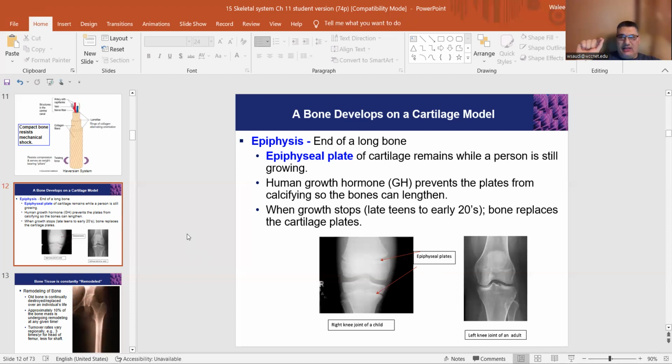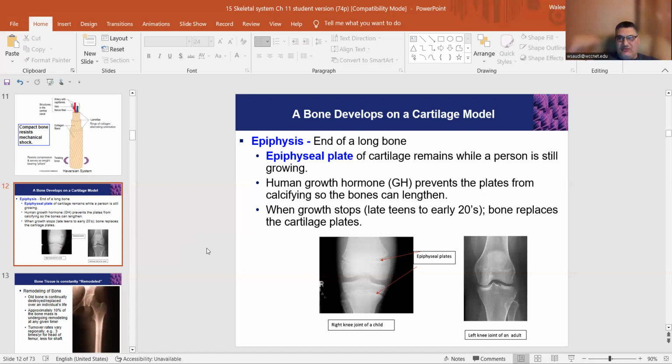This epiphyseal plate is important because it is active until the age of around 28. As long as this plate, we also call it cartilage, is still active, you are growing taller and taller. Your height is increasing. Your bone length is increasing.